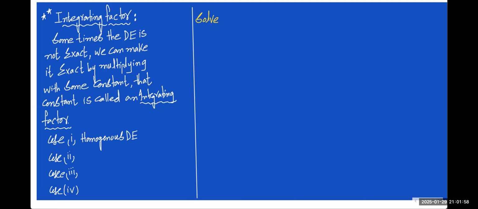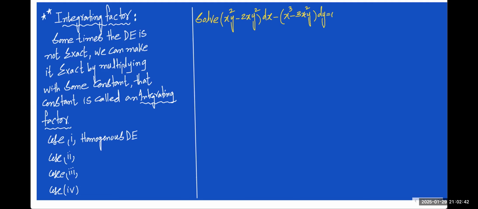The question is x square y minus 2xy square of dx minus x cube minus 3x square into y dy is equal to 0.